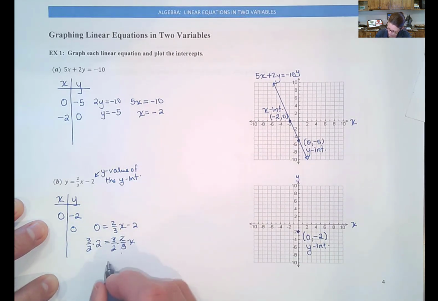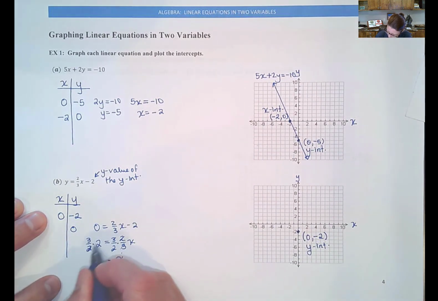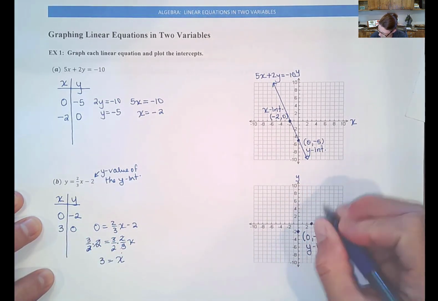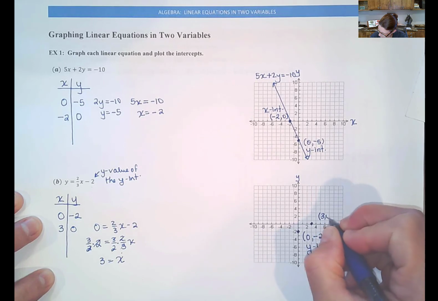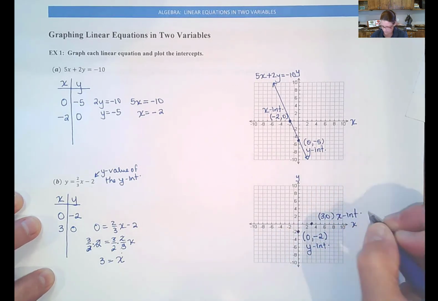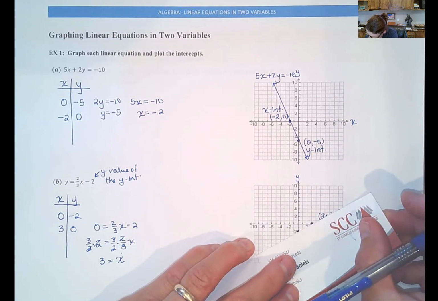Multiplying reciprocals cancel out, gives us our coefficient of x as the number 1, 1x. On the left-hand side, our 2's divide out, and we've got 3. x is equal to 3. (3, 0) is our x-intercept. Connect your points to graph your line.